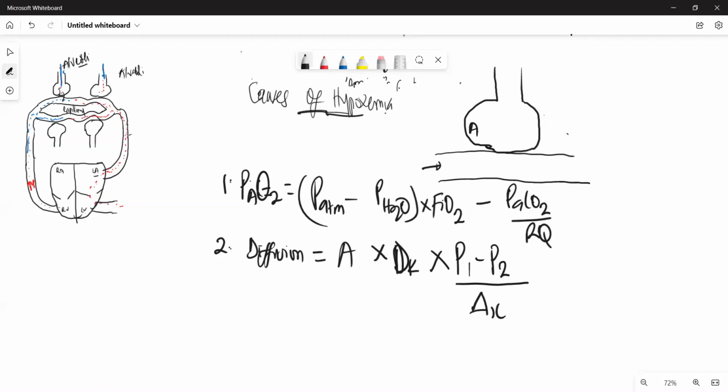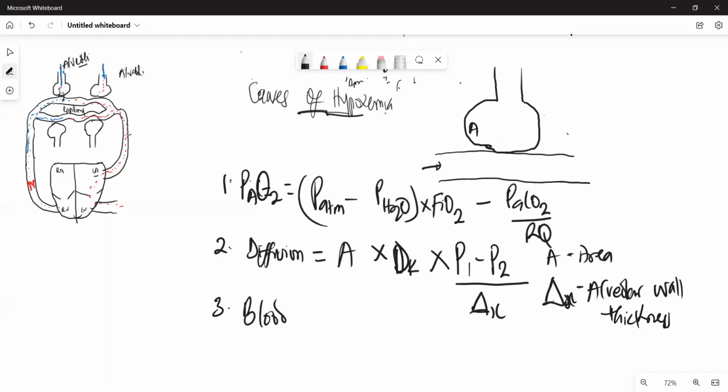A is the area, and delta L is our alveolar wall thickness. For the purpose of this video, we're only interested in the area and the alveolar wall thickness. And the third thing I want us to remember is the blood flow.